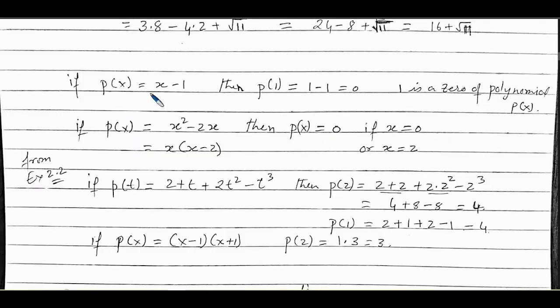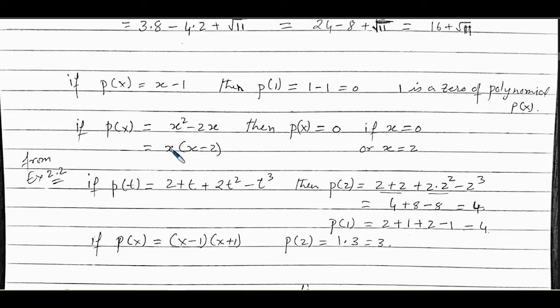Now if p(x) is equal to x minus 1, then if I put the value x equal to 1 here, p of 1 will become 0, that is 1 minus 1 is 0. So we say that x equal to 1 is a zero of the polynomial p(x). Similarly, suppose you have p(x) equal to x square minus 2x, which I break into this: I take x common, x times (x minus 2).